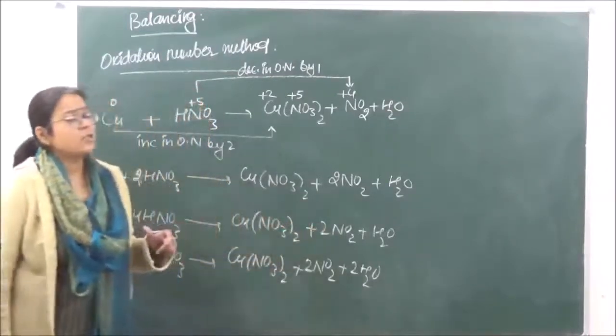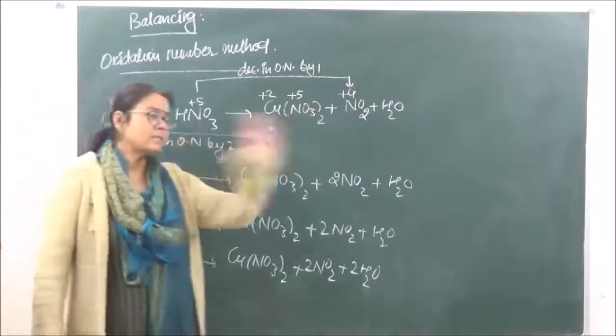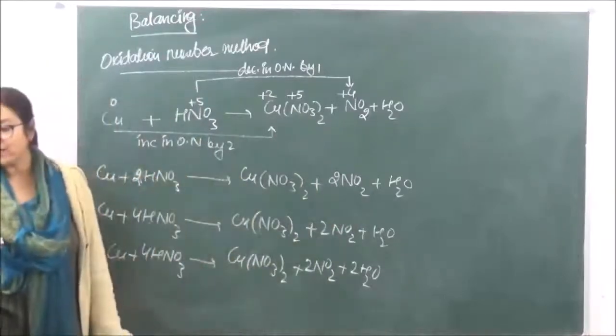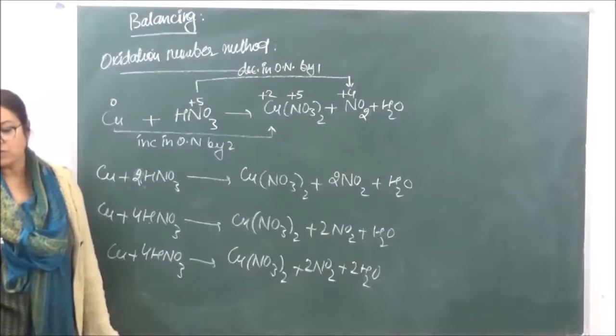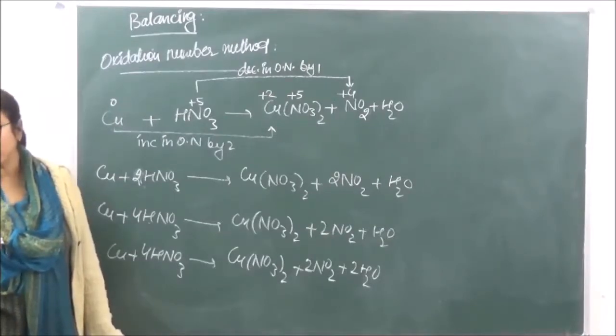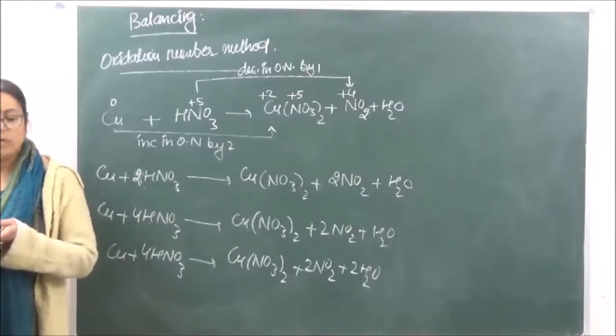But if in your boards you get a question to balance the equation by this method, then you have to follow a particular method. Otherwise there is no need to follow any particular method over here. Okay? So this is how we can balance the equations by the oxidation number and ion electron methods.